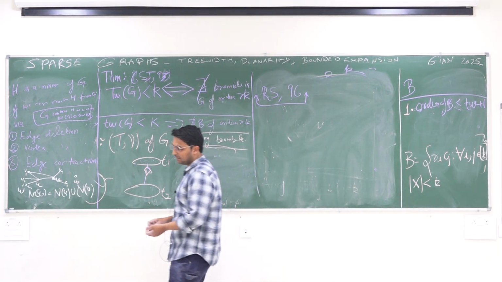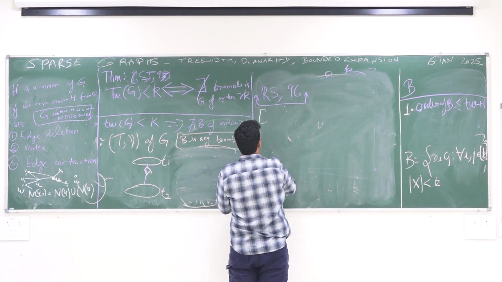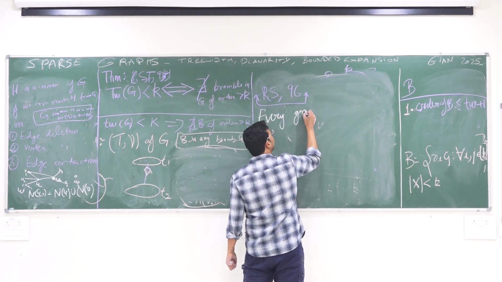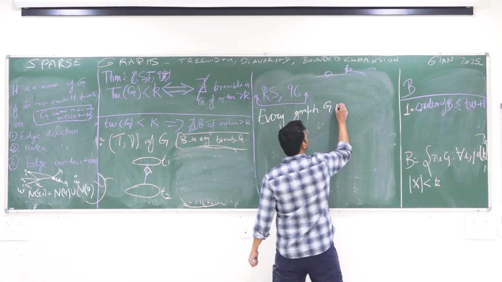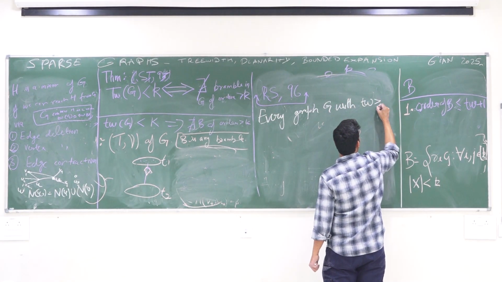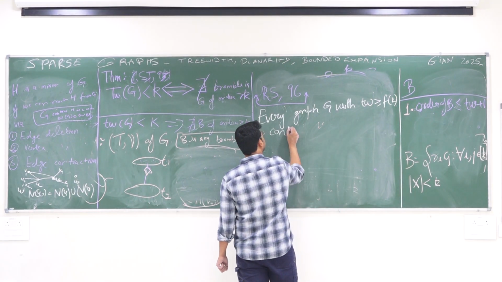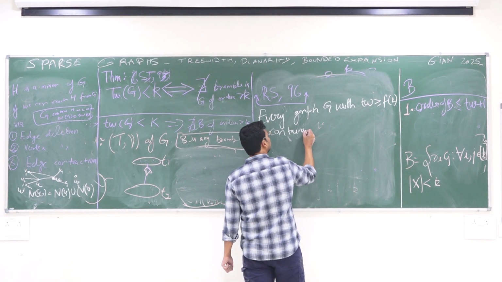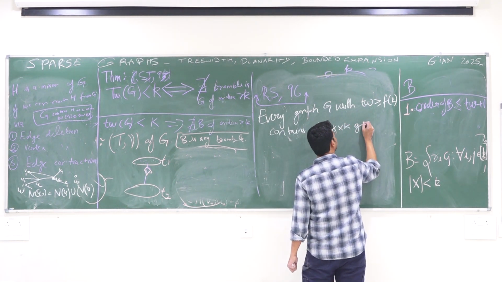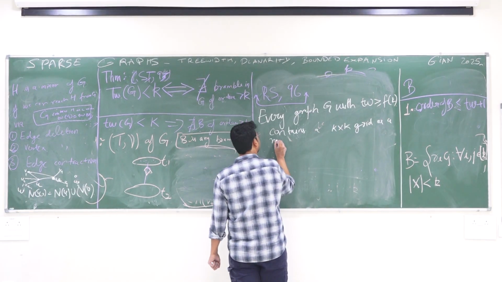They proved that every graph G with treewidth greater than or equal to f of k contains a k by k grid as a minor.